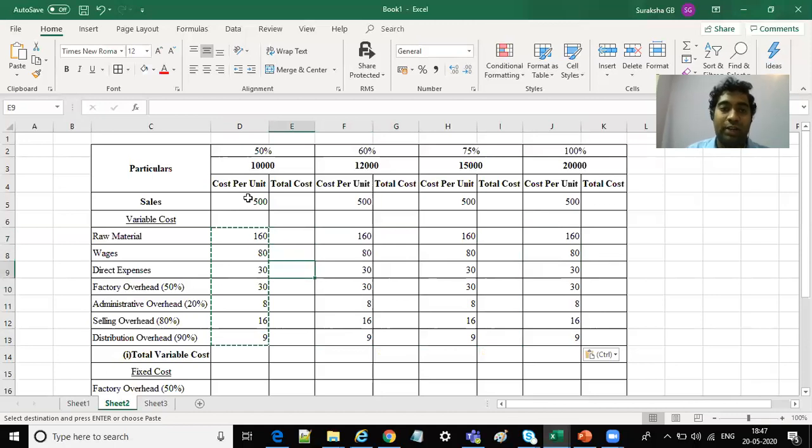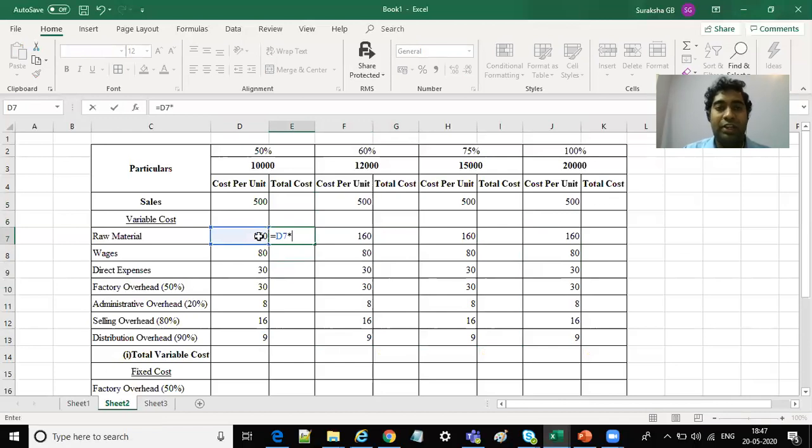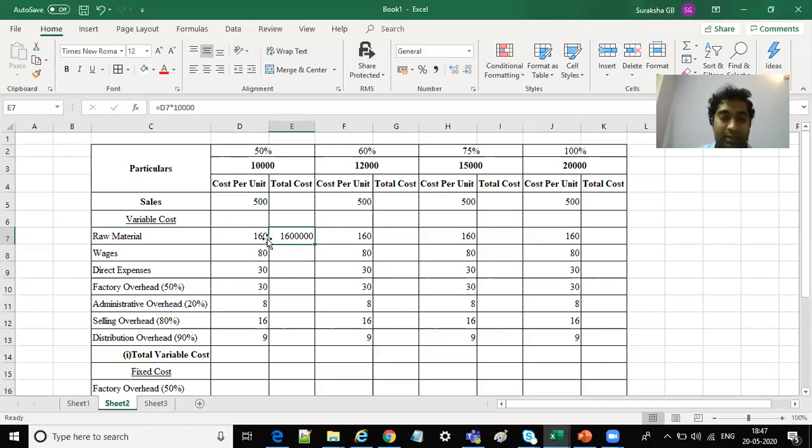Now, the next job is to calculate the total cost. So total cost will be equal to the material cost into 10,000 units. So that will be 1,60,000. Similarly, for the rest of the items, the values are calculated.